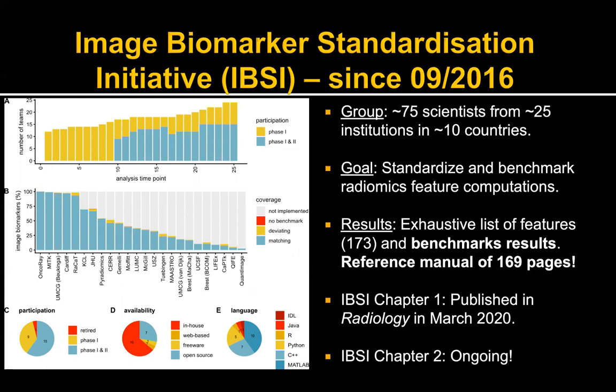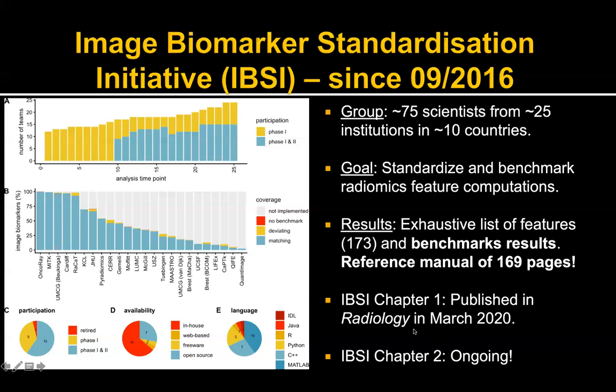And then, not too long after that, we initiated chapter 2 of the IBSI. So this work is always ongoing, will always be ongoing. There's always things to improve. And I'll talk a bit about IBSI chapter 2 at the end of this talk.